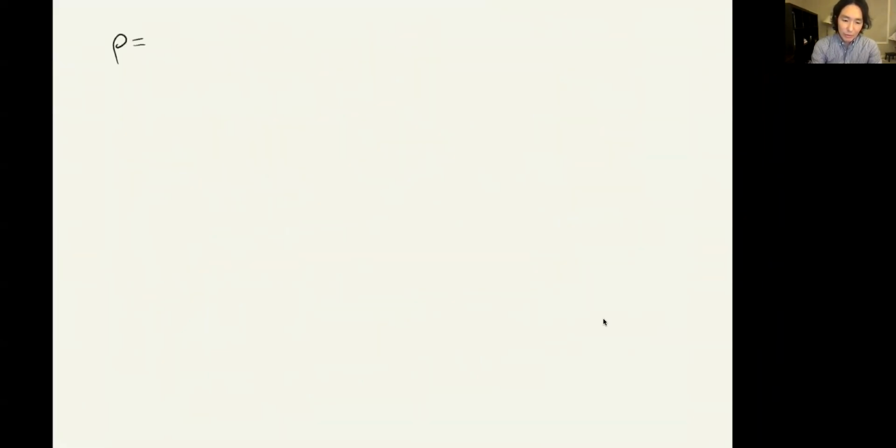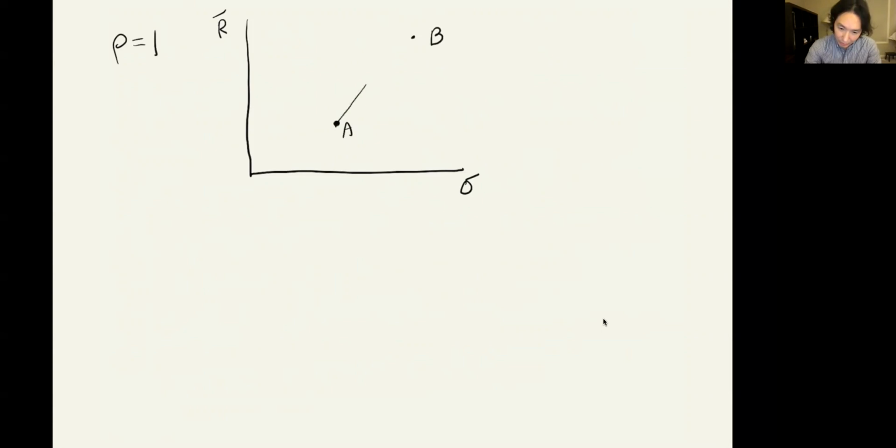So when rho is 1, and suppose asset A is here, asset B is here, then it's going to be a straight line that connects A and B. Now this part here corresponds to the case where W is between 0 and 1.